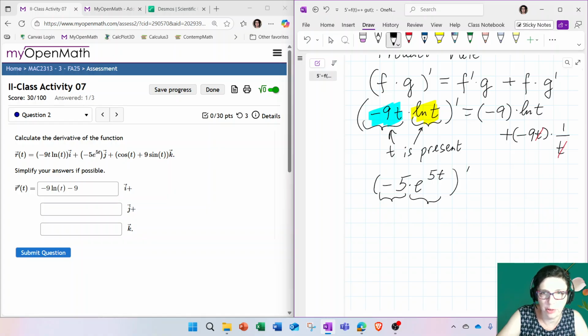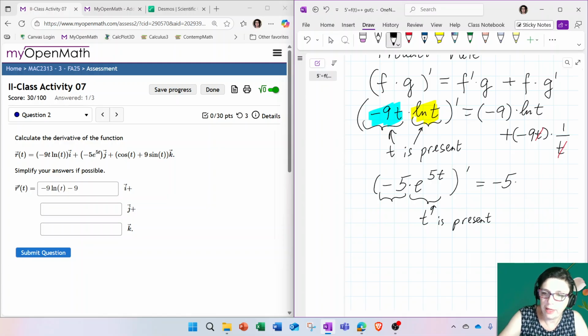This part has a variable, this t is present, but not the other one. The other one is a number, and we just keep the number according to the constant multiple rule. So don't try to use the product rule. You can, you would get the same answer because the derivative of negative 5 is going to be 0, but it's just overkill. You don't want to do that when you don't have to. So this is where we just keep the negative 5 as a constant multiple.